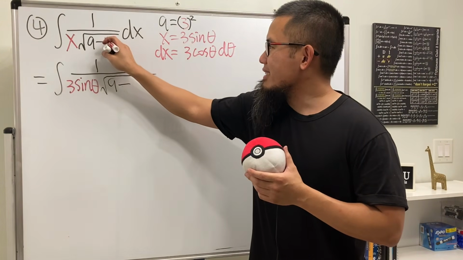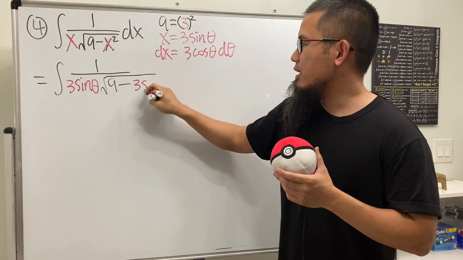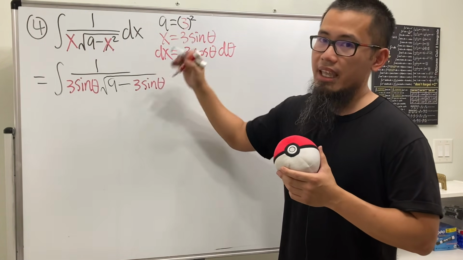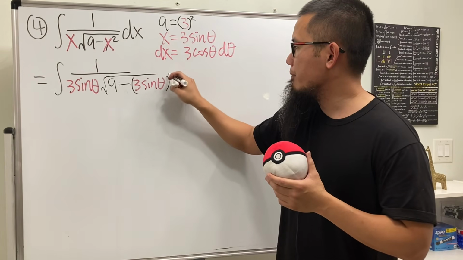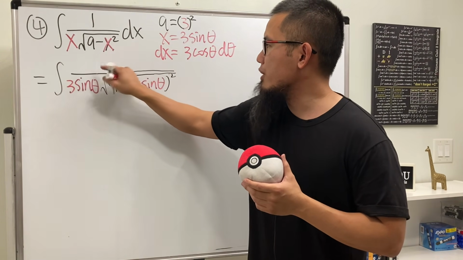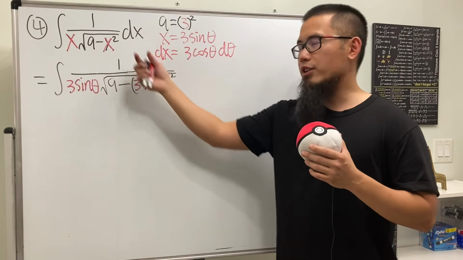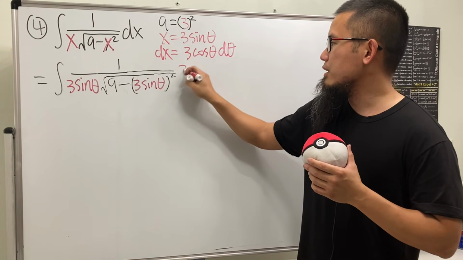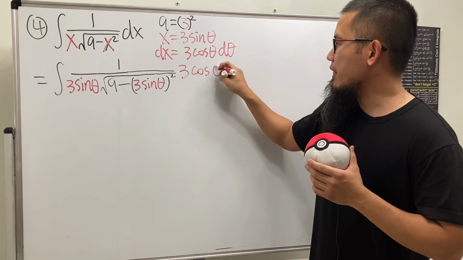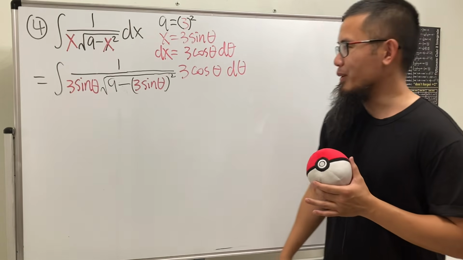Here we have x squared, x is that, so write down 3 sine theta, and then we will have to square this. Yeah, I know, another big expression. But don't forget, for the dx, we also have to put down this right here, and that's 3 cosine theta d theta. Wow, I know.